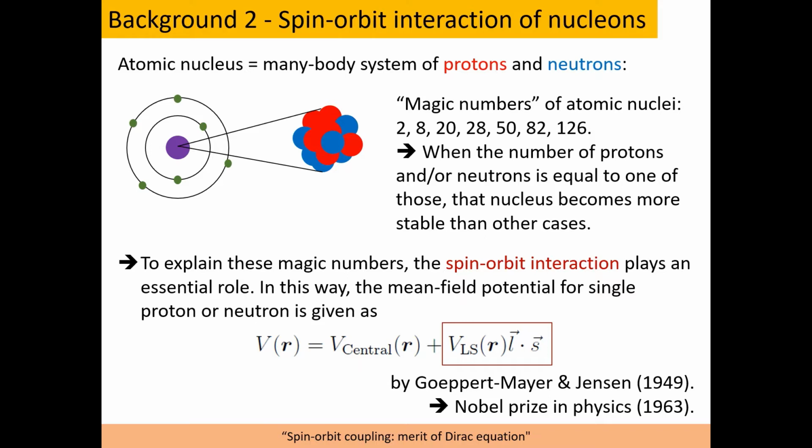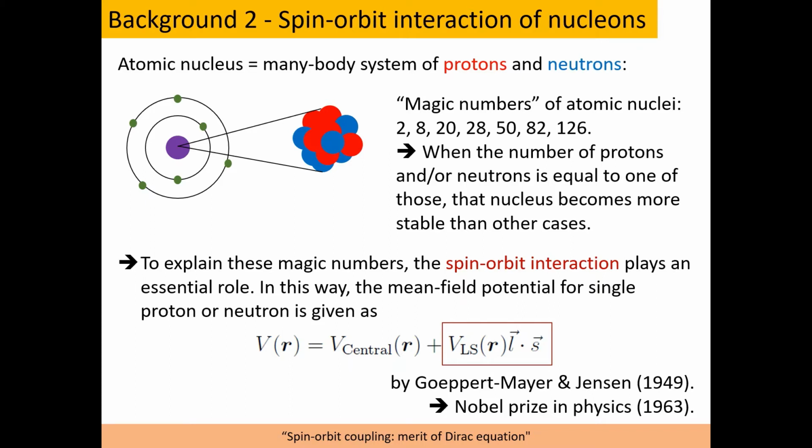And for this many-body system, the so-called magic numbers are well known, that is 2, 8, 20, 28, 50, 82, and 126. When the number of protons and/or neutrons is equal to one of those numbers, that nucleus becomes more stable than other cases. Okay, this is empirically well known, but how to explain this property?